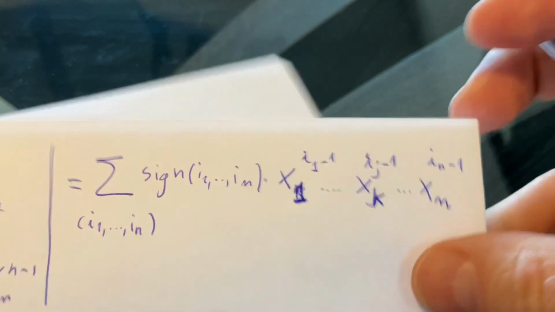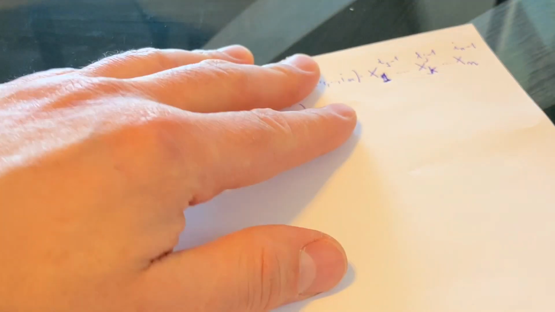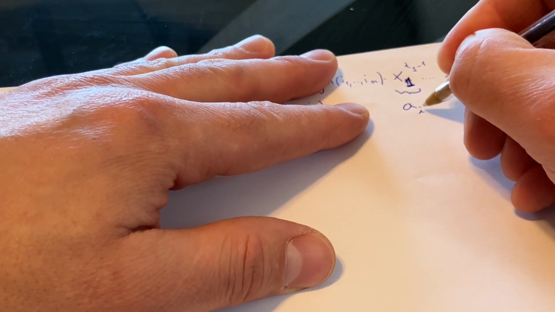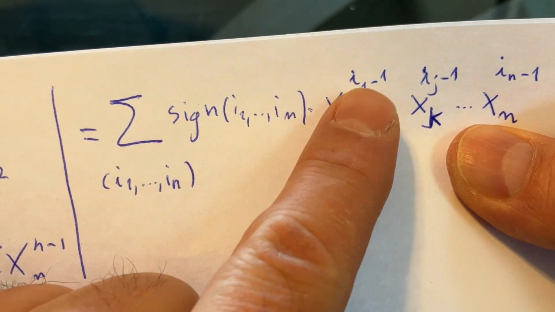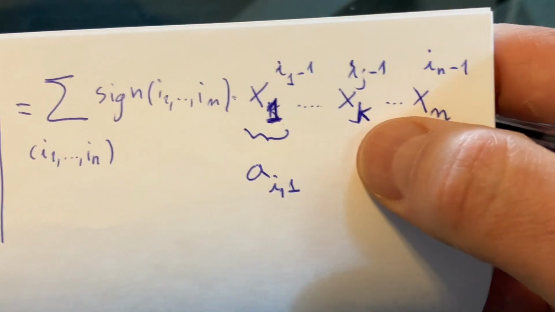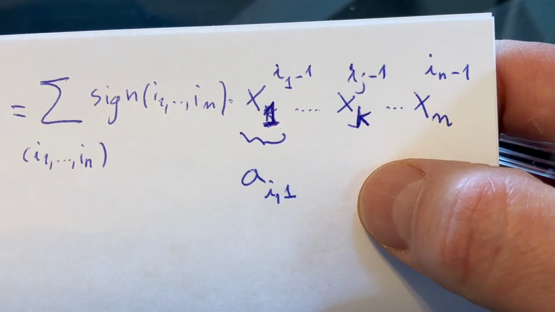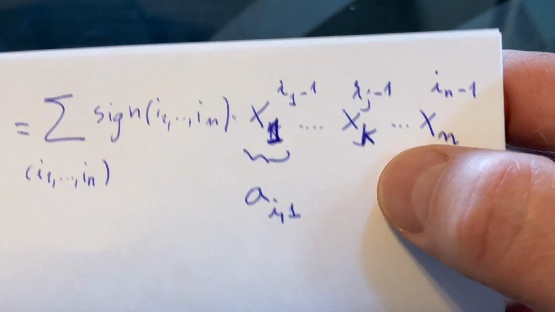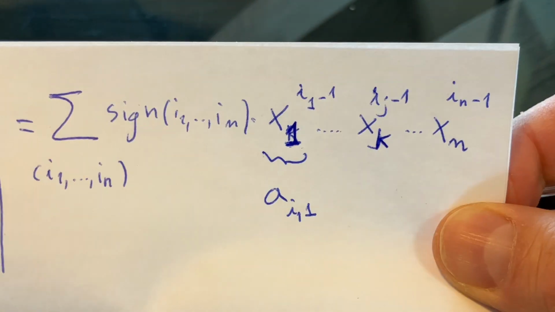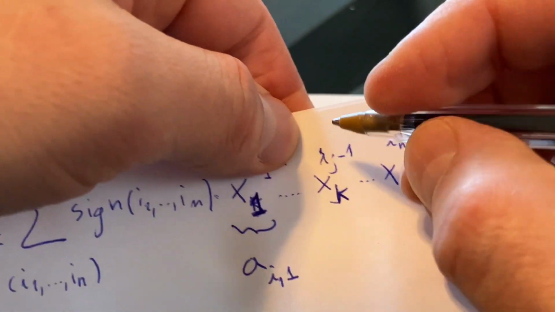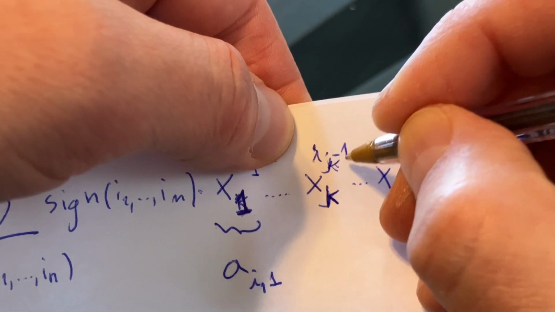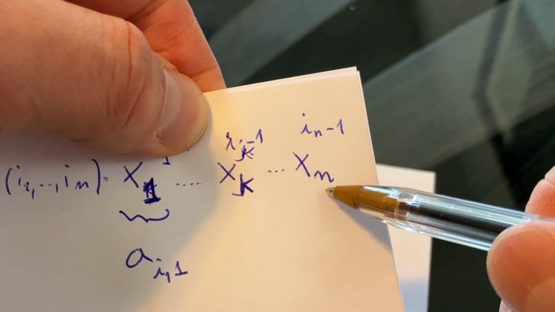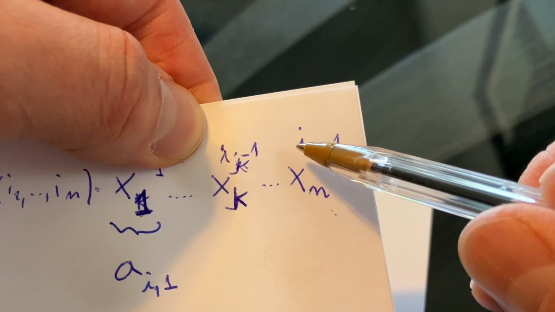Thus, don't forget, this is the element a_{i1,1}. So the element a_{i1,1} is x1 to the power i1 minus 1. And likewise, the element a_{ik,k} is xk to the power ik minus 1. I made a mistake here, it's ik, not j, but k down there. And the last factor is xn to the power in minus 1.